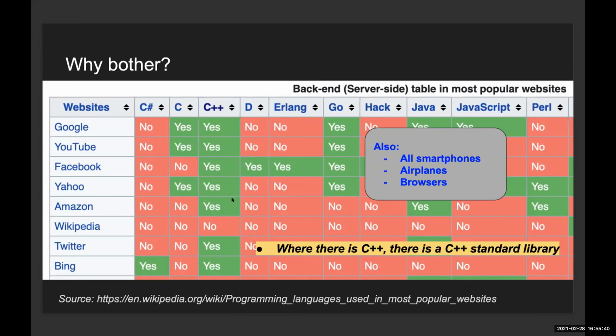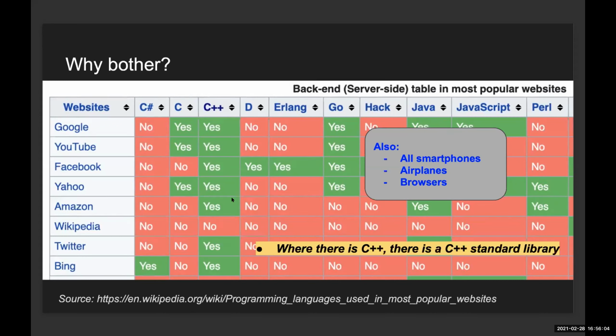The thing is, where there is C++, there is mostly the C++ standard library. And C++ is used everywhere. So even if you manage to do a very small micro optimization there, the overall impact on the software industry as a whole is huge.